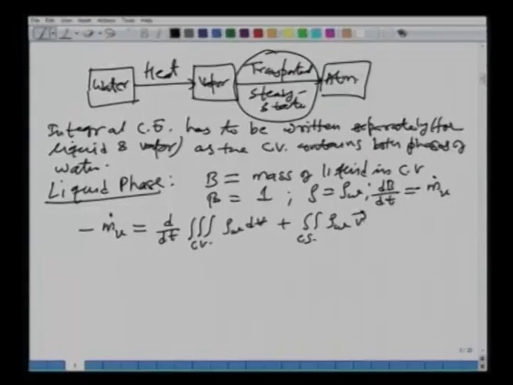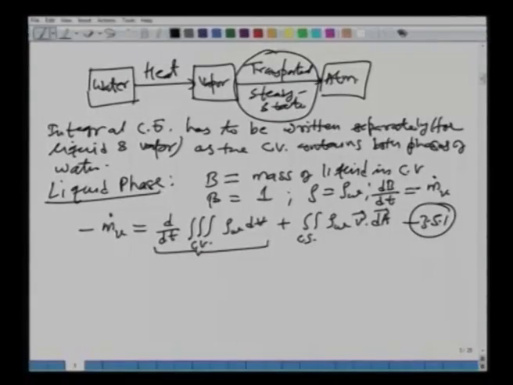So, v dot dA. Okay. And this we say is equation number 3.5.1. All right. Okay.